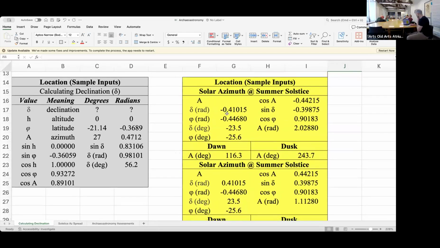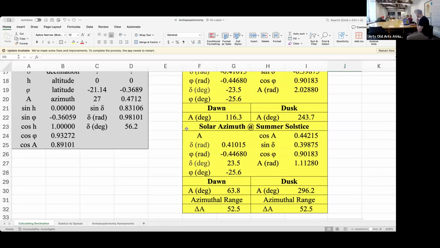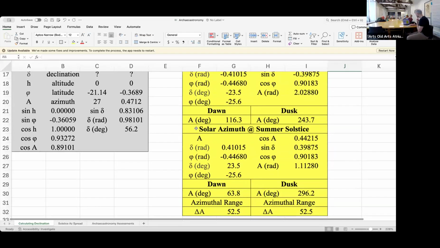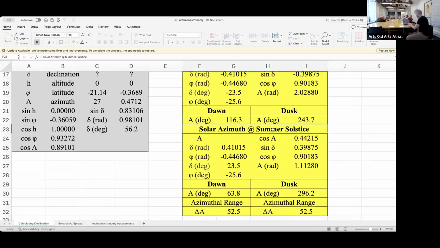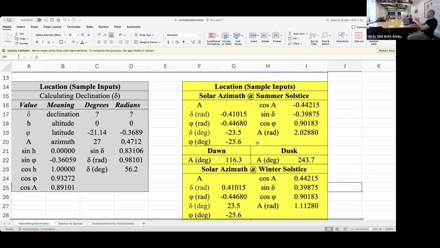So I've done this for the summer solstice and the winter solstice. Okay, that's annoying, right? So in both of these, you're solving for the azimuths? Or are you solving? Yes. Because what we're trying to figure out is we're going to take an orientation of something, and we need to find out what the declination is going to be for that object.